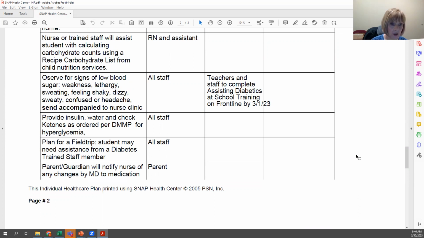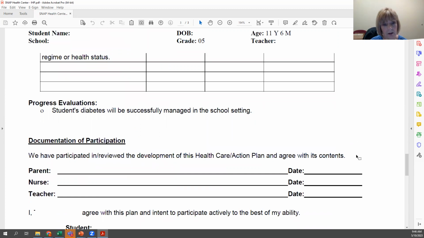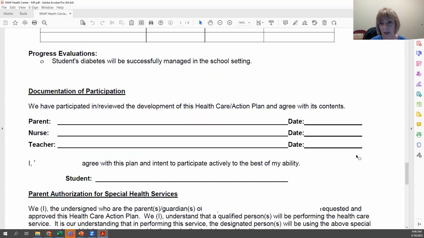This was a brand new diabetic who showed up on a Tuesday morning after having been in the hospital for 5 days, and then came back to school with no orders and no supplies. And we really had to go commando on getting the information we need and just doing whatever it took to get it done.